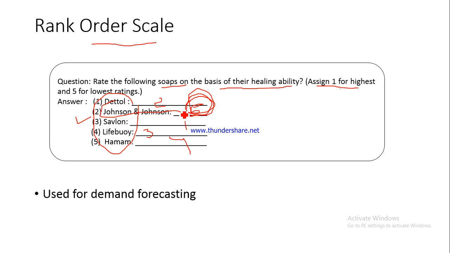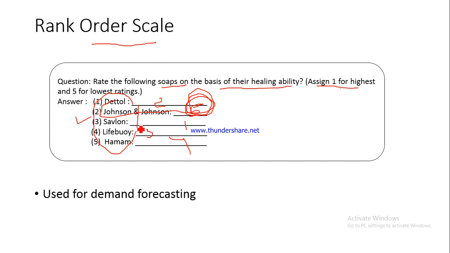And many times these kinds of rank order scales are used for demand forecasting. Why? Do you remember that in my last session I talked about how attitude many a times, not always, predicts your behavior, and I had discussed that particular aspect also. So for example, let's say 80% of my respondents say that according to them Savlon has the highest healing ability.